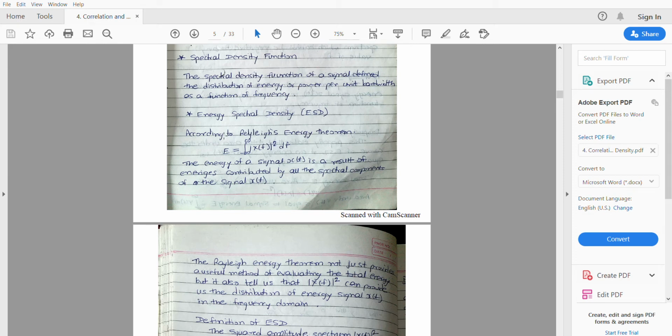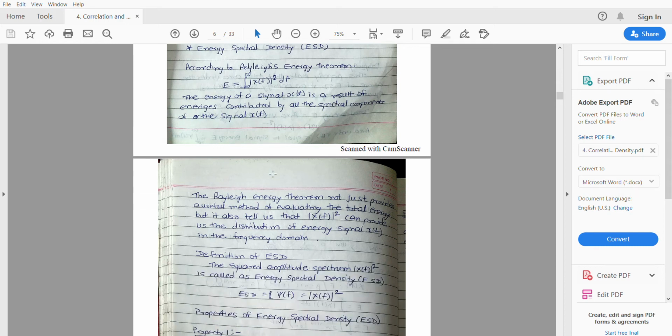We have already seen the Rayleigh energy theorem. According to the Rayleigh energy theorem, E is equal to the integration from minus infinity to infinity of |X(f)|^2 df. The energy of the signal x(t) is the result of energies distributed over all the spectral components of the signal x(t).